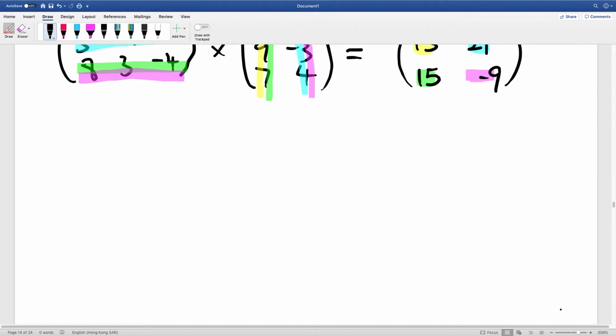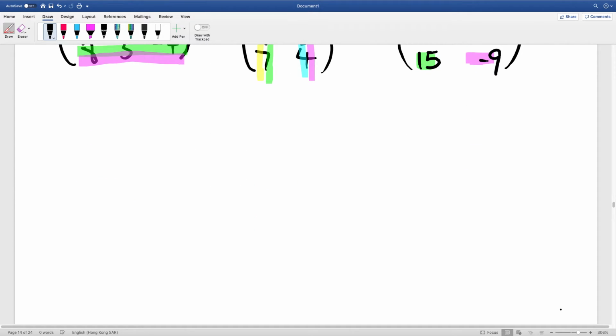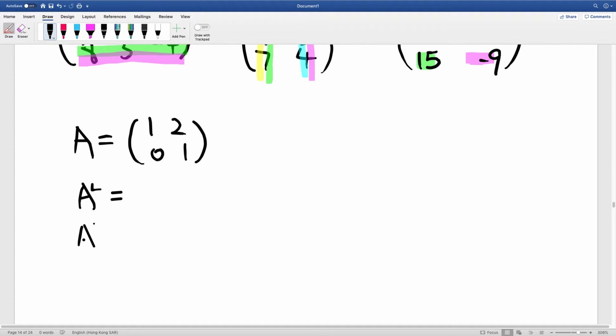Maybe you do this question first. Now the matrix A is 1, 2, 0, 1. Which one are we doing? Find A squared and A cubed, and suggest a form for A to the power k.